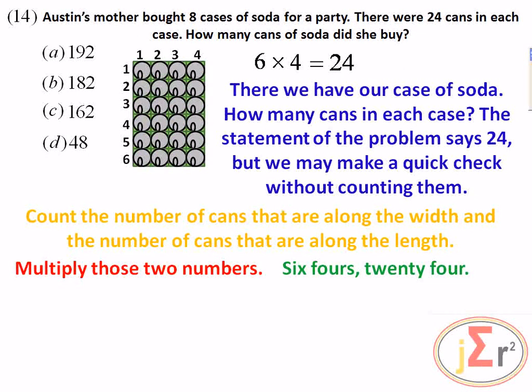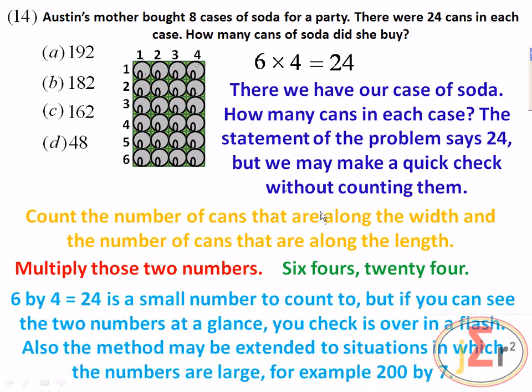And we may take that approach in any situation that we have a particular number, especially in a rectangular arrangement in which we have a particular number going in one direction and another number going in the other direction. Instead of counting them individually, we can say it is 4 by 6, and that's 24. 6 by 4 is equal to 24.